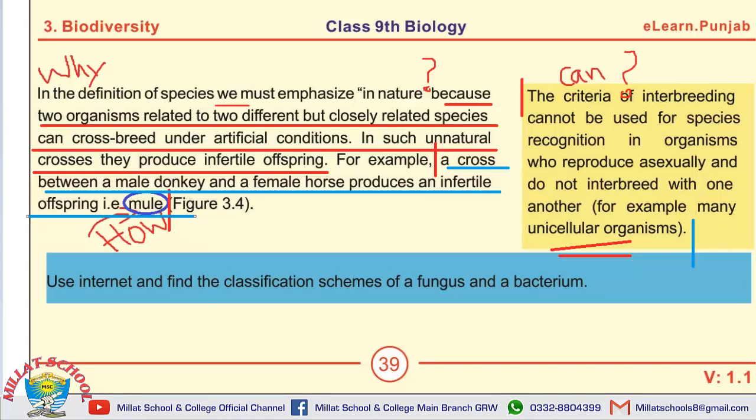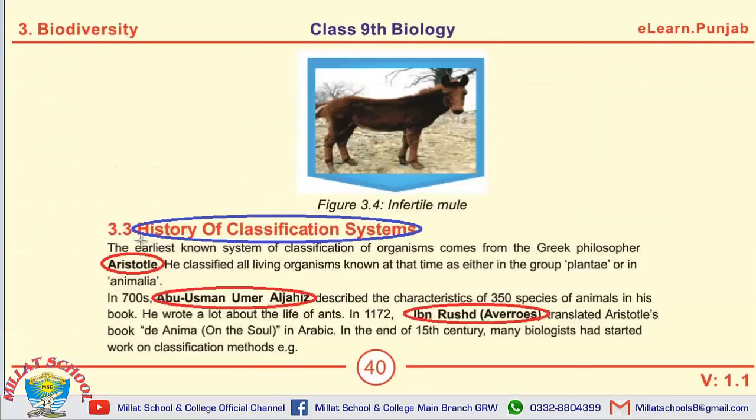The next topic is about the history of classification system. The first question is about the work of Aristotle. What is the contribution of Aristotle in classification? Aristotle classified all living organisms known at that time as either the group Plantae or Animalia. The next question is, what is the contribution of Abu Usman Umar al-Jahiz?